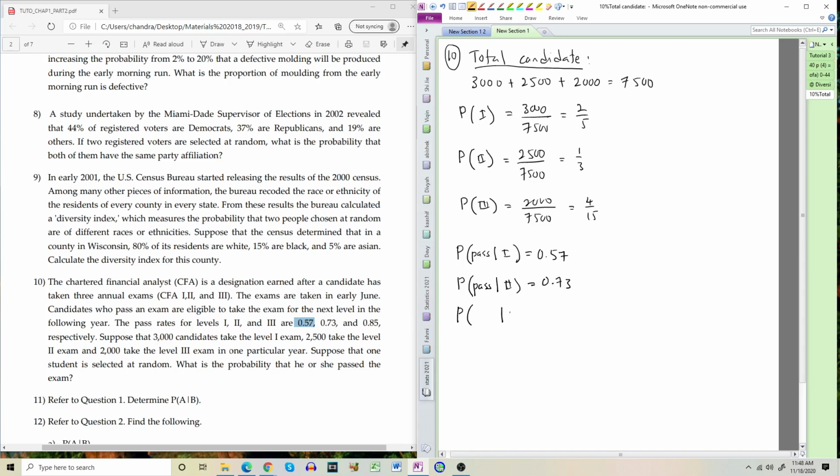A person sits for the third exam and he passes.